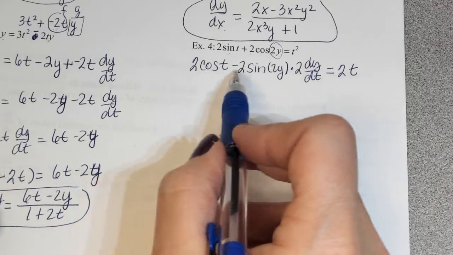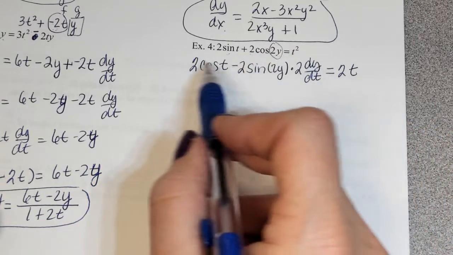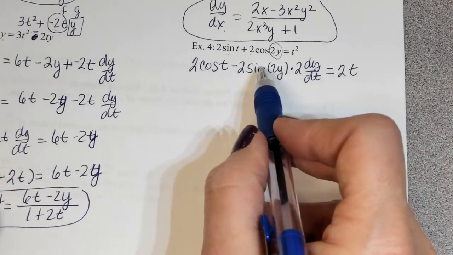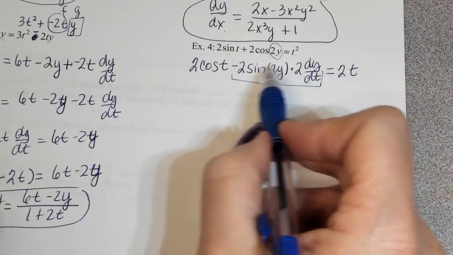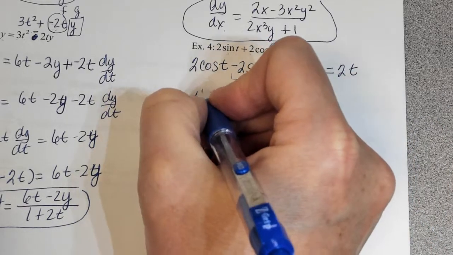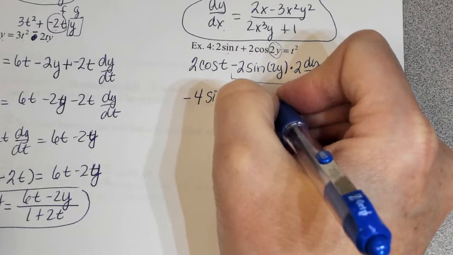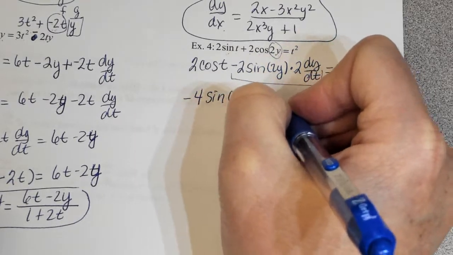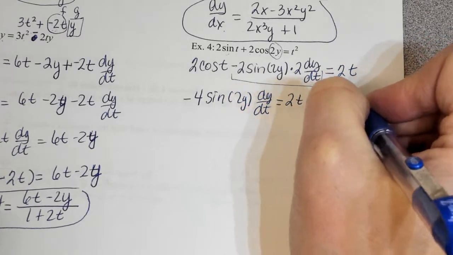Every term that has dy dt is going to stay, but everything else is going to go over. And I'm going to simplify this while I'm at it. So this right here, 2 times 2 is negative 4 sine 2y dy dt equals 2t minus 2 cosine t.